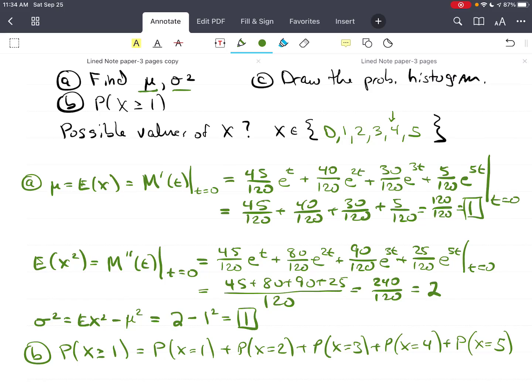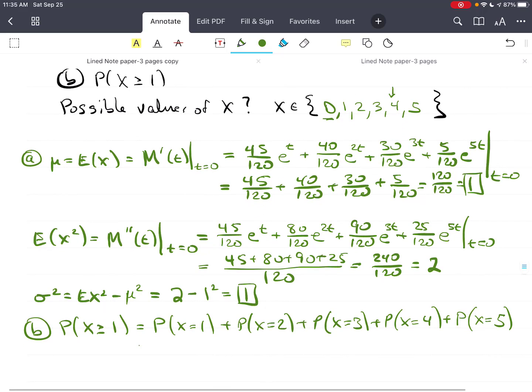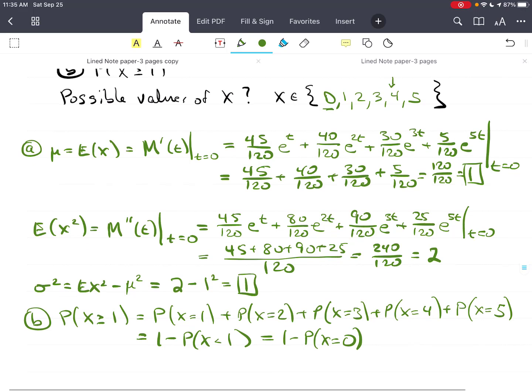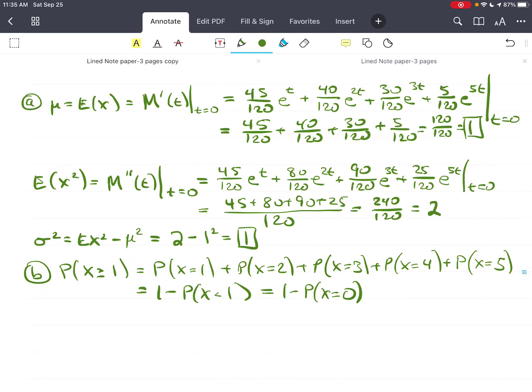Or we know that there's only one possible value of x that's less than 1, and that's 0. So we could take this as 1 minus the probability that x is less than 1, which is the complement, which is also 1 minus the probability x is equal to 0. Now I'm going to obtain the entire PMF so you see how it's done.